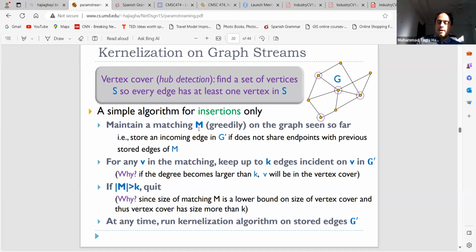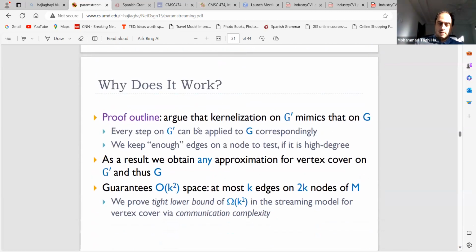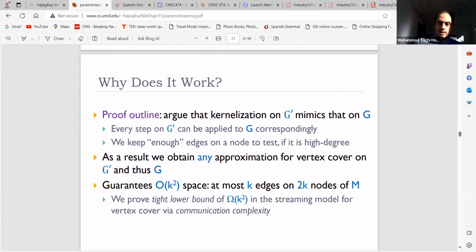And so the space here that we need is order k squared. Why? Because the size of the matching can be at most k. This is the matching part.